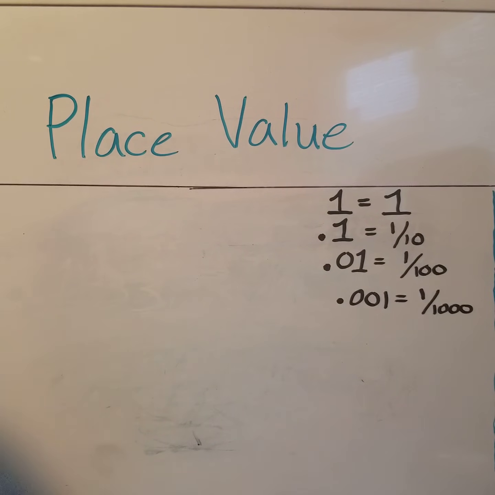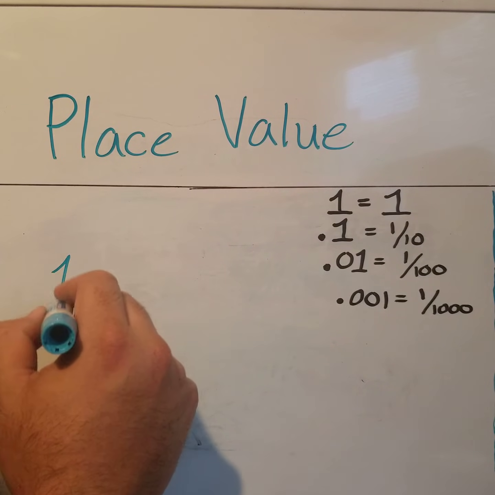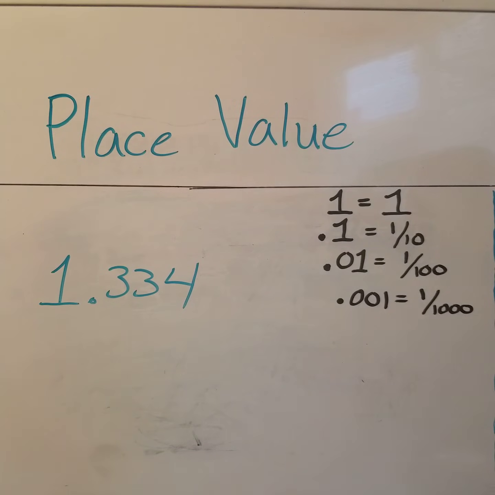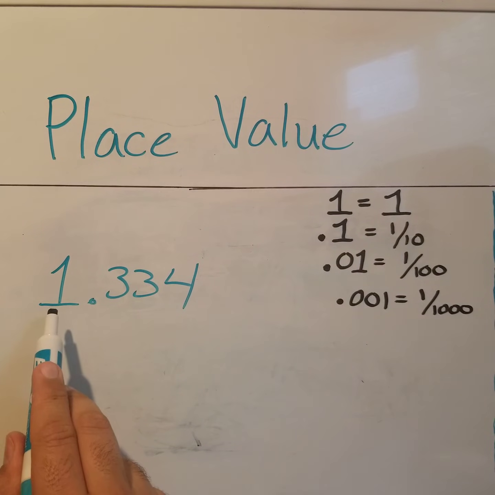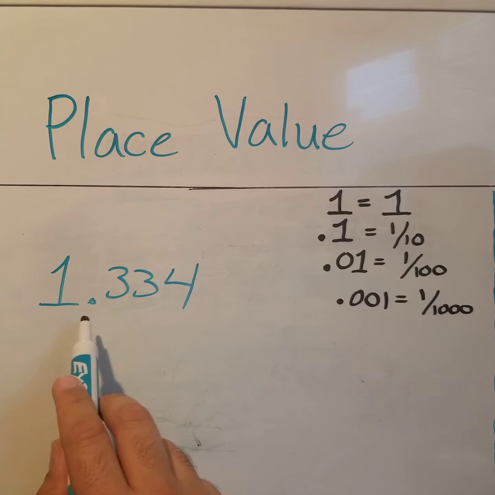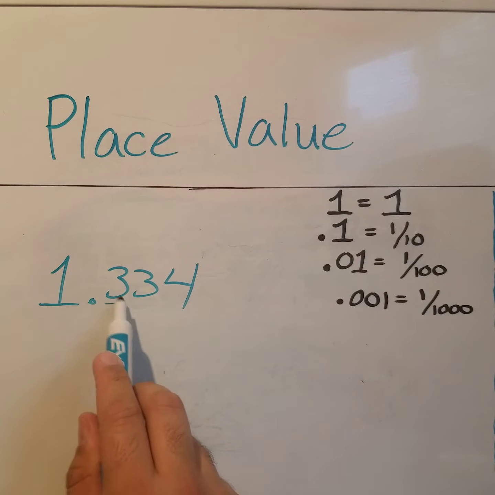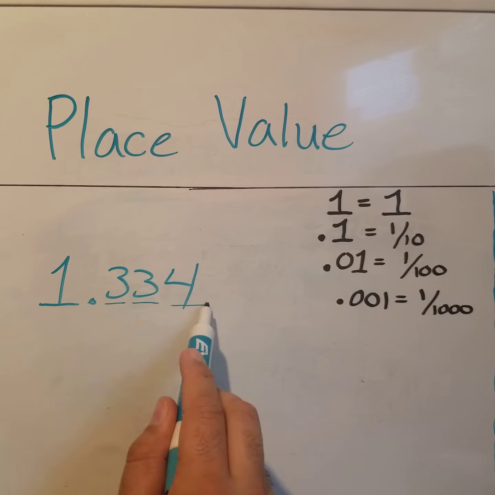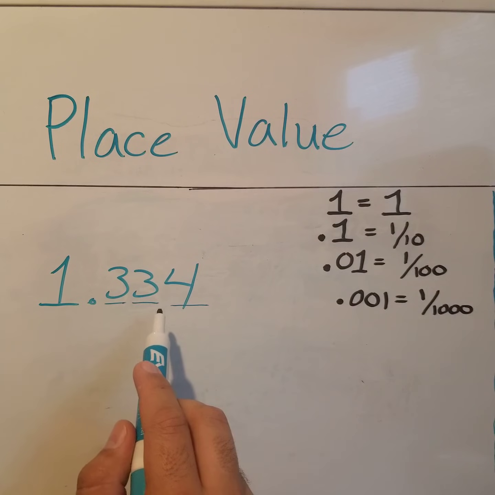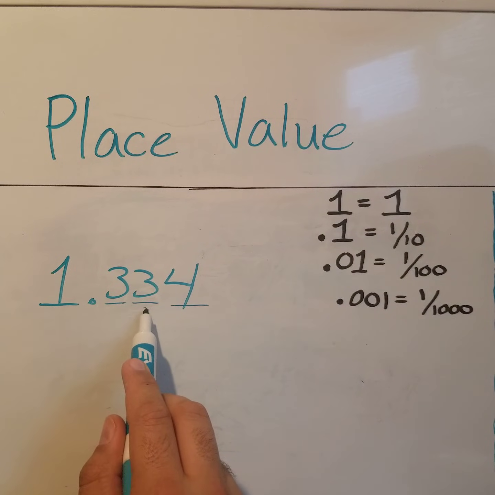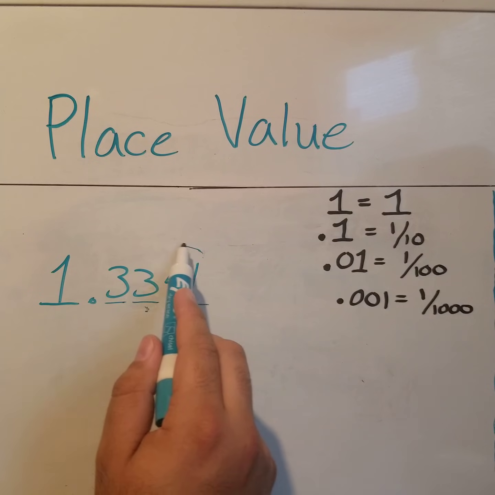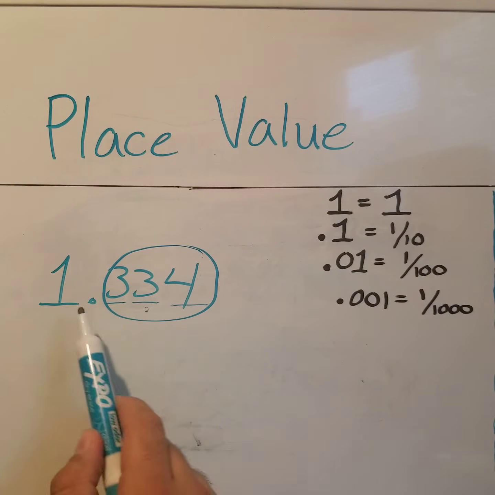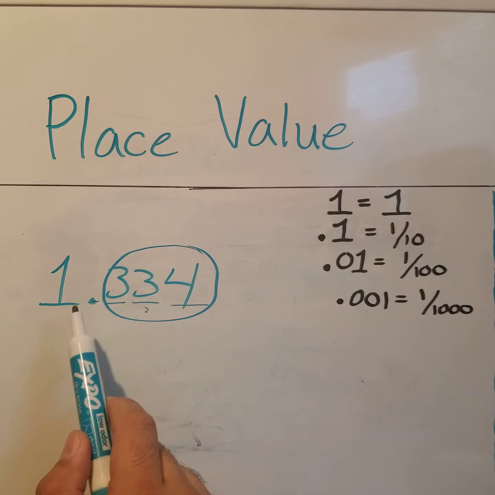And let's go with one more example. Let's just say I give you 1.334. So again, we've got 1 whole. We can say that we have 1 plus 3/10 plus 3/100 plus 4/1,000. But just like with the hundredths, we're now taking into consideration the entire scope of the placeholders that comes after the decimal point.